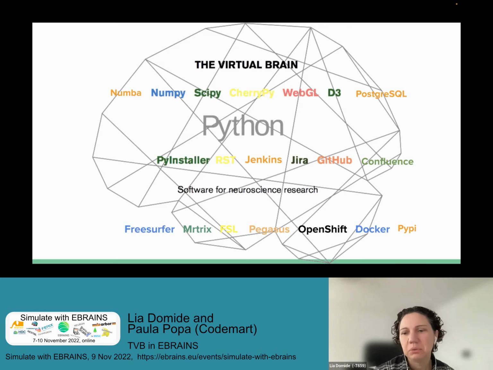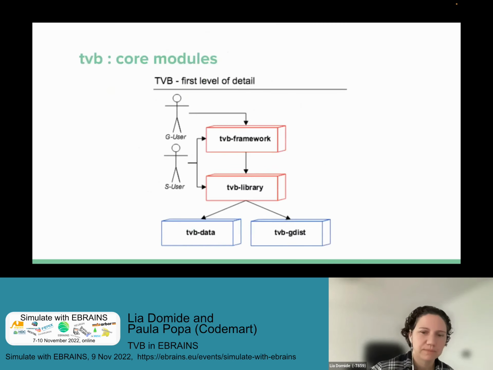We have compatibility with Docker for most of the deployments, Docker or Singularity, and these are orchestrated further with Docker Swarm or OpenShift. In some parts, we even use a workflow engine like Pegasus, but we have directions of going towards CWL, which is the new workflow language used by eBrains.